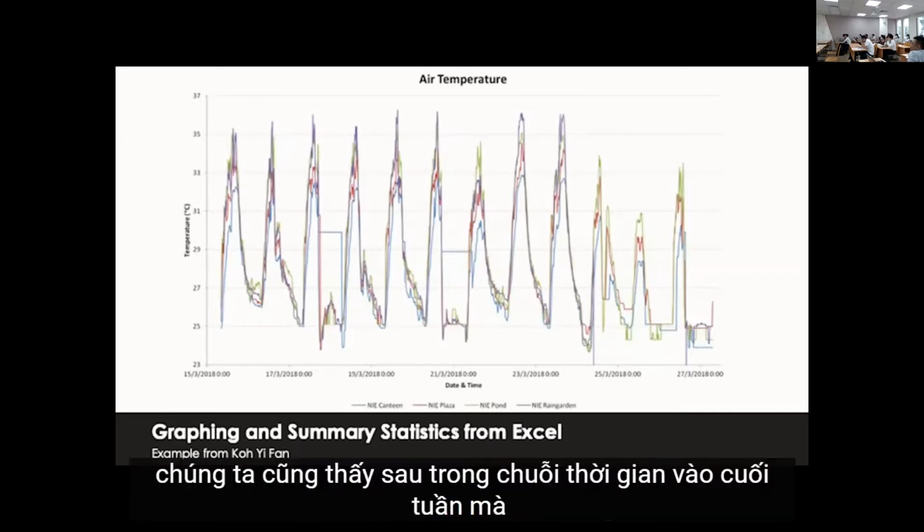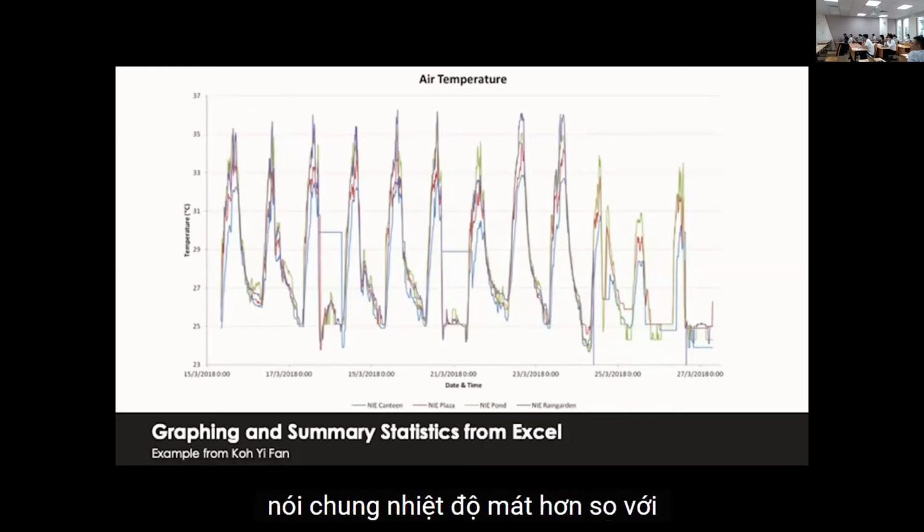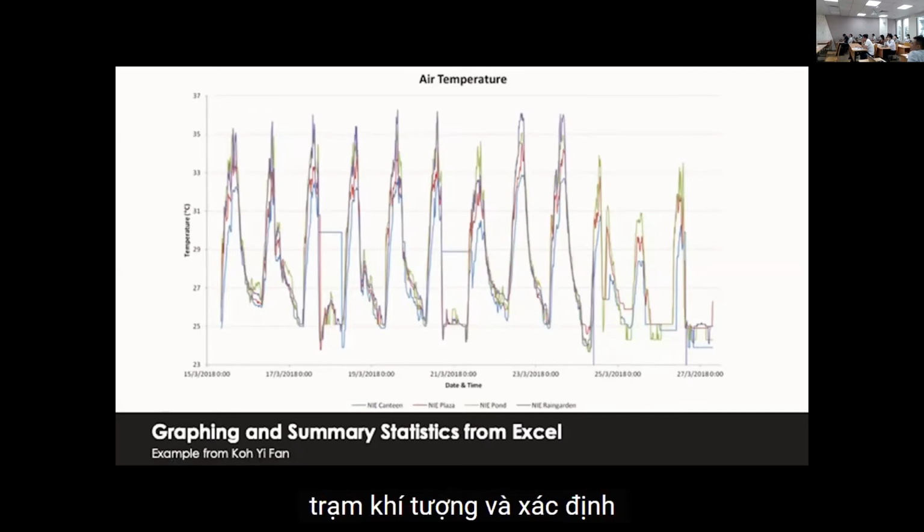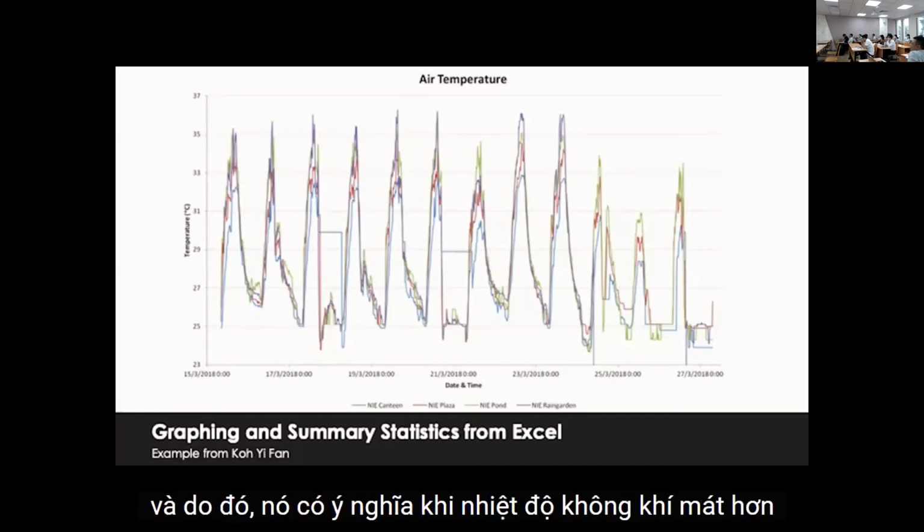We also see later in the time series, later in the week, that overall the temperatures were cooler than they were earlier in the week. The students were able to look at the rainfall record from the IoT meteorologic station and determine that there had been a cloudy and rainy period, and so it made sense then that the air temperatures were cooler.